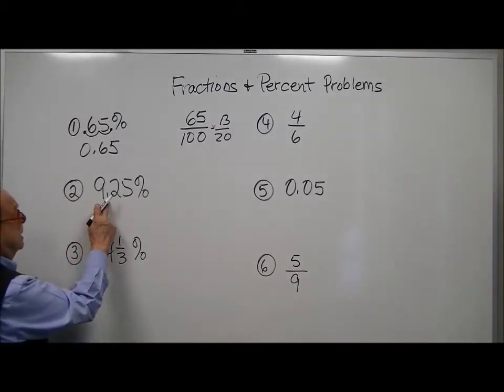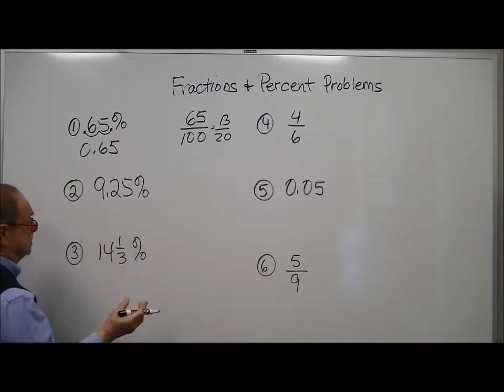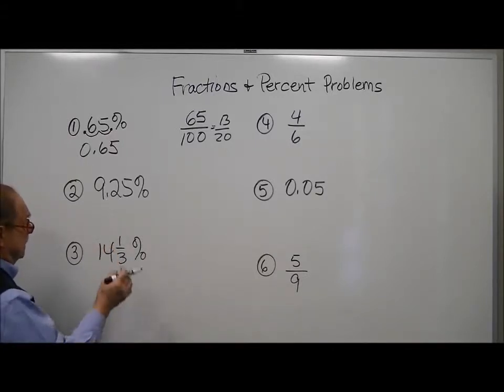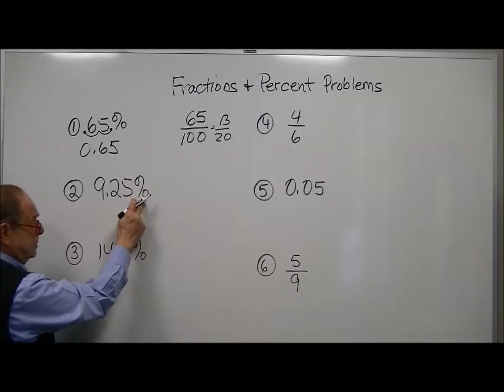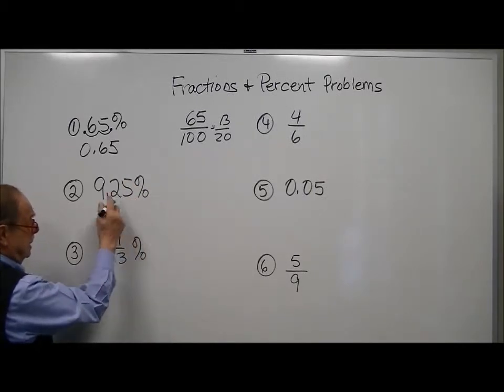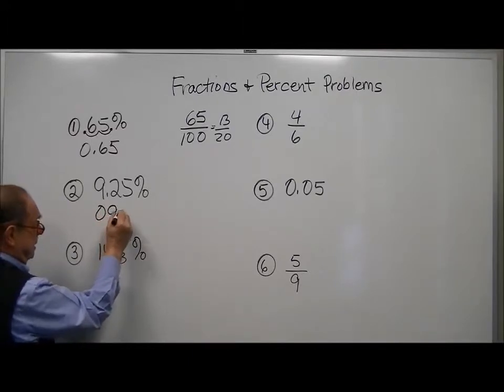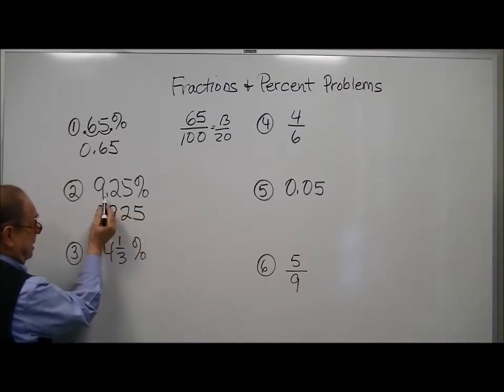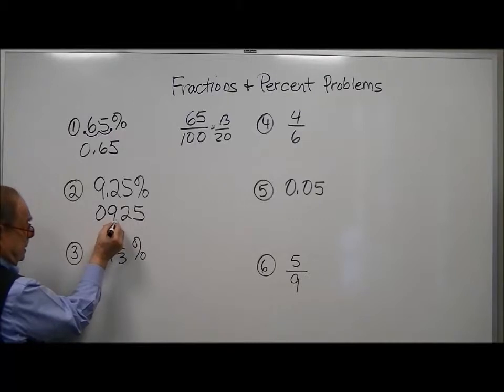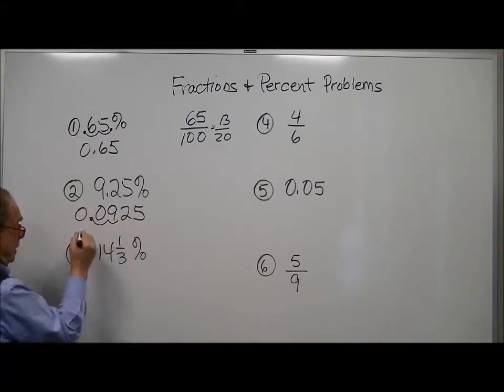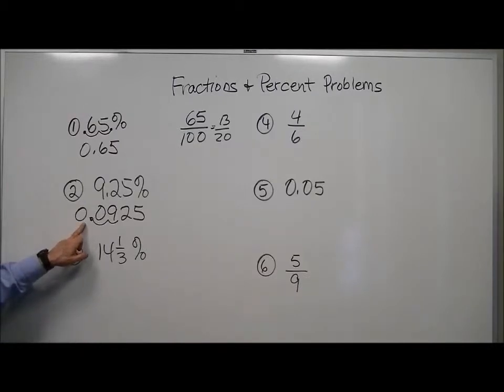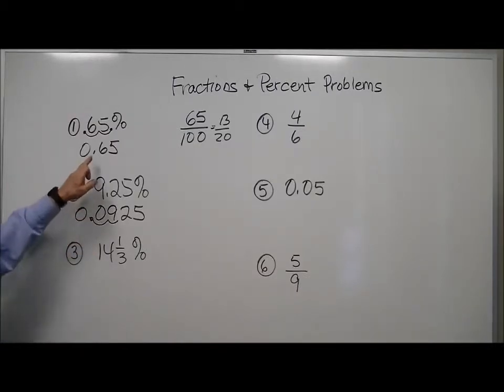In this one then, let's change it to a decimal first. We're going to take away the percent sign, and we'll have to add a 0 there because our decimal's here. And we usually put another 0 to fix where the decimal is.